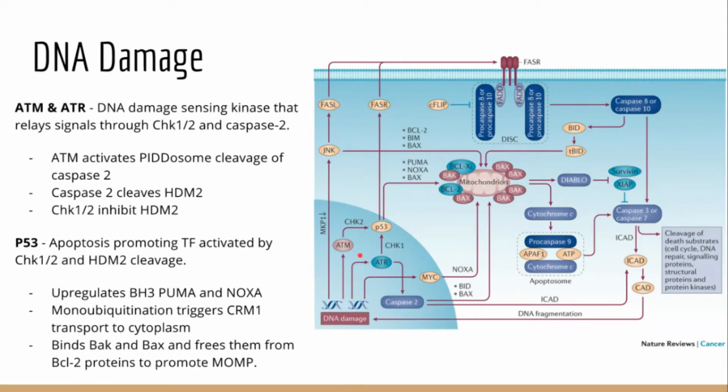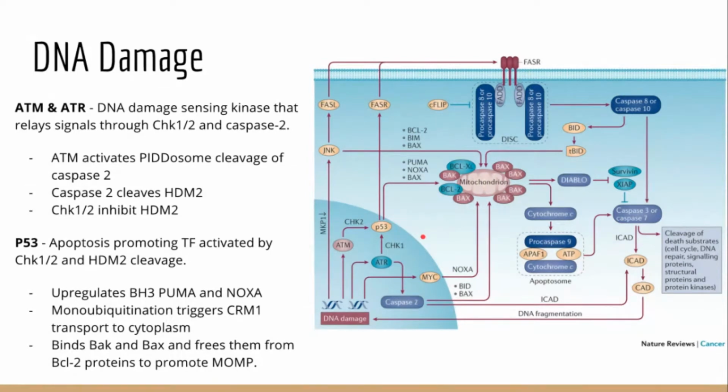ATR and ATM relay their activating phosphorylations through CHK1 and CHK2. And these CHK1 and 2 kinases will then phosphorylate p53 at a location that prevents it from being ubiquitinated by HDM2. So CHK1 phosphorylation of p53 prevents p53 from getting degraded in the proteasome because it prevents it from being ubiquitinated.